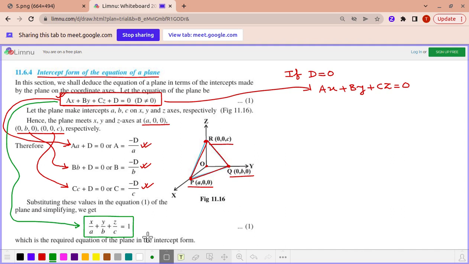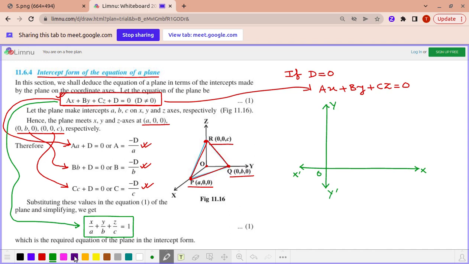Now here in this context, I would like to tell you a little bit about two-dimensional coordinate geometry. If you recall, dear students, suppose these are the coordinate axes and this is the origin, this is the x axis positive direction, this is the x axis negative direction, this is the y axis positive direction, this is the y axis negative direction.